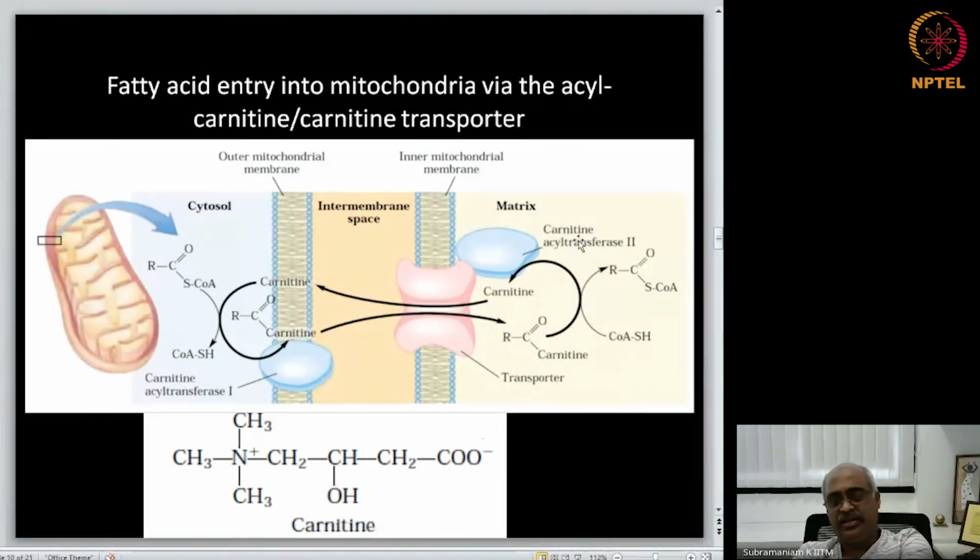You have carnitine acyl transferase 2, which then esterifies again with CoA, forming the acyl-CoA once more. And the free carnitine is transported out by the same transporter. That is why it is called the acyl carnitine transporter. It transports both these molecules. So that is how this carnitine cycle operates.